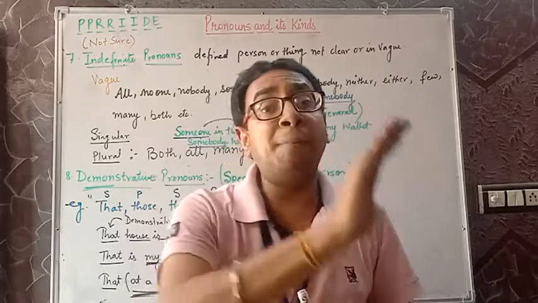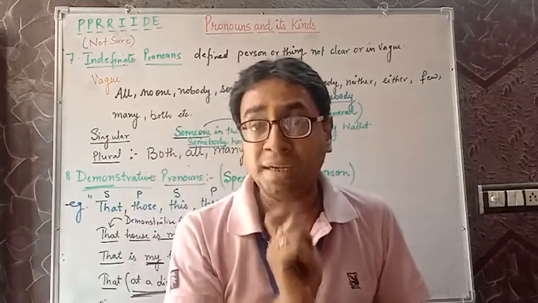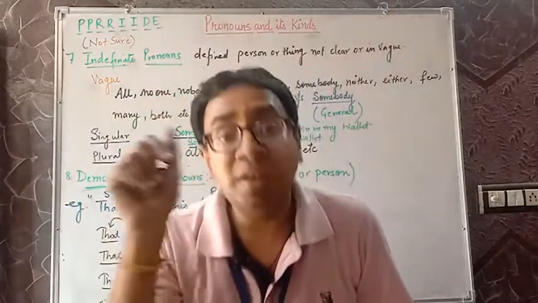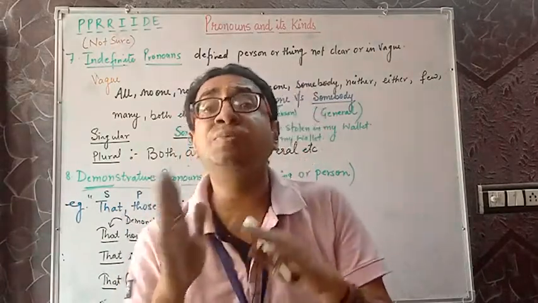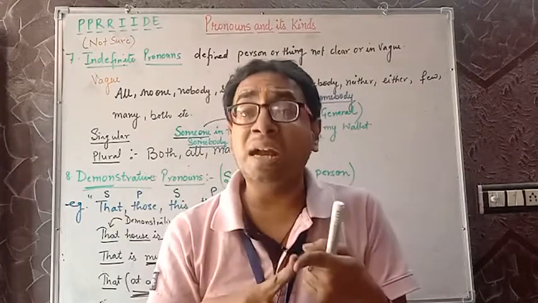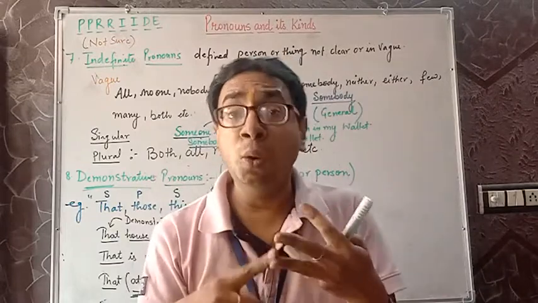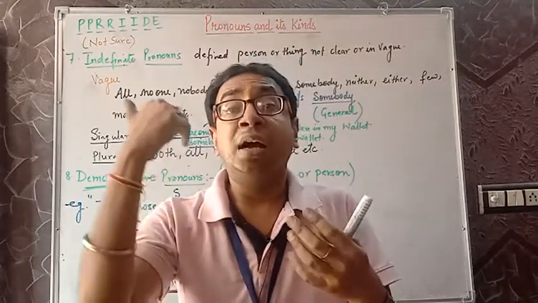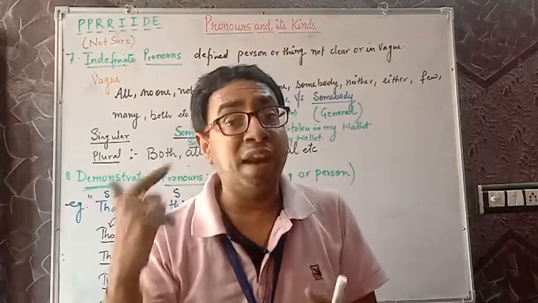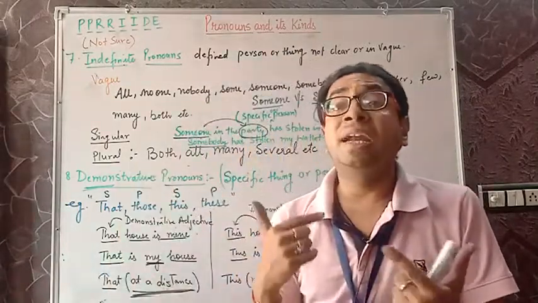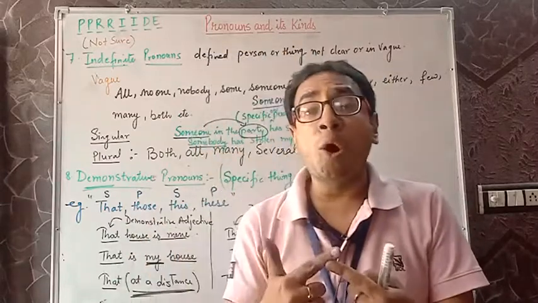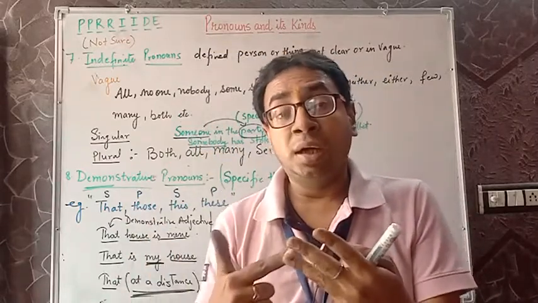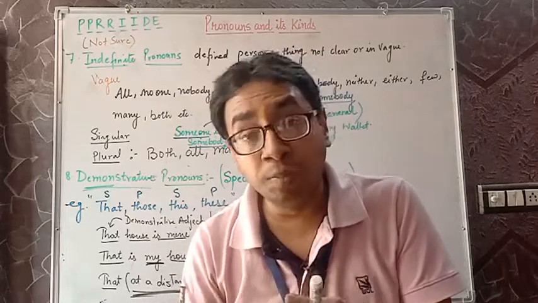For example, I myself did it is emphatic; I did it myself is reflexive. Relative, when we talk about a relation: that, who, whom, which are examples of relative pronouns. Interrogative pronouns are used for asking questions, like what, which, who, whom.